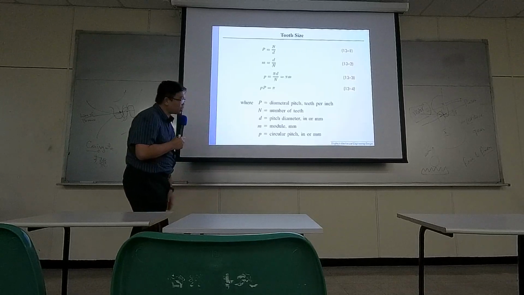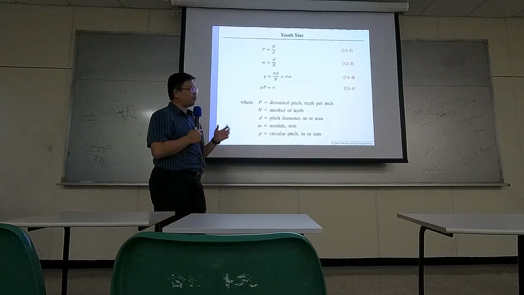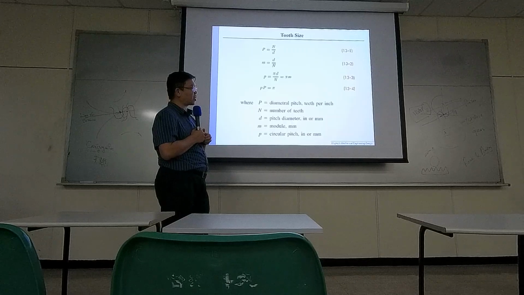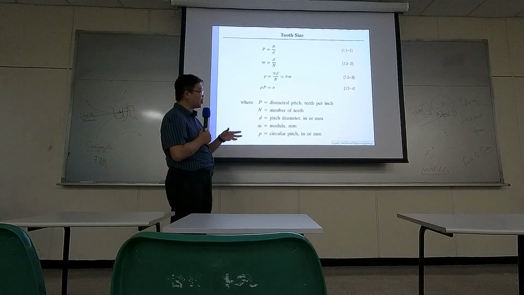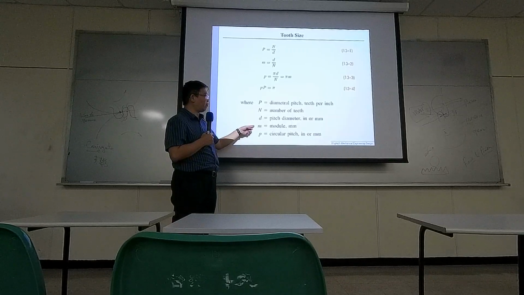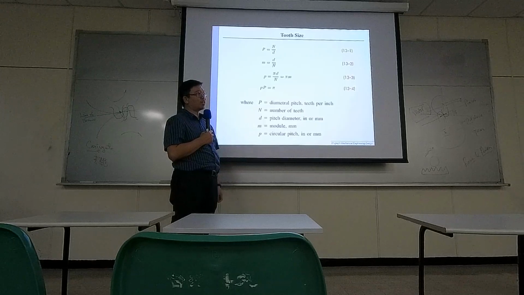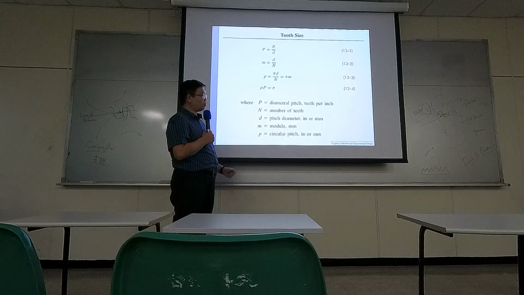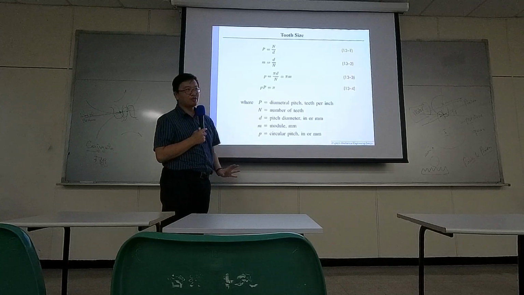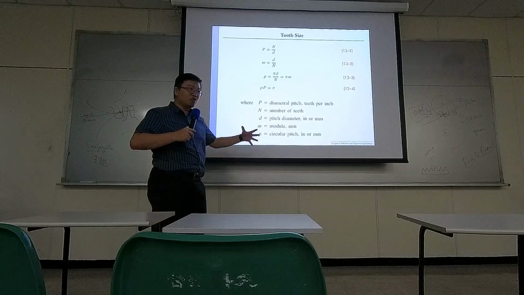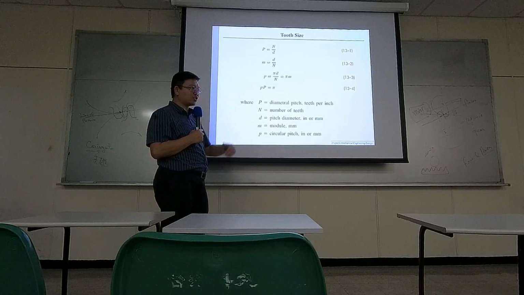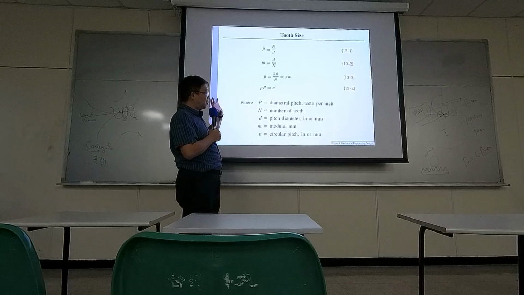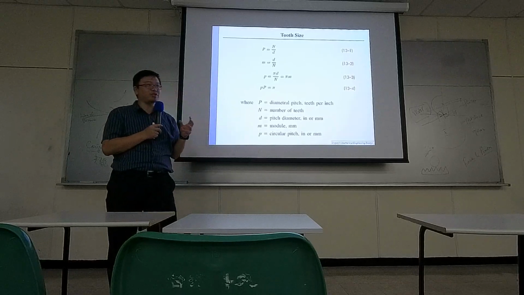Okay. And usually, manufacturers can only produce gears in certain numbers of modules. You cannot design your own module traditionally because they use machine tools and some kind of cutter to form the shapes of the teeth.